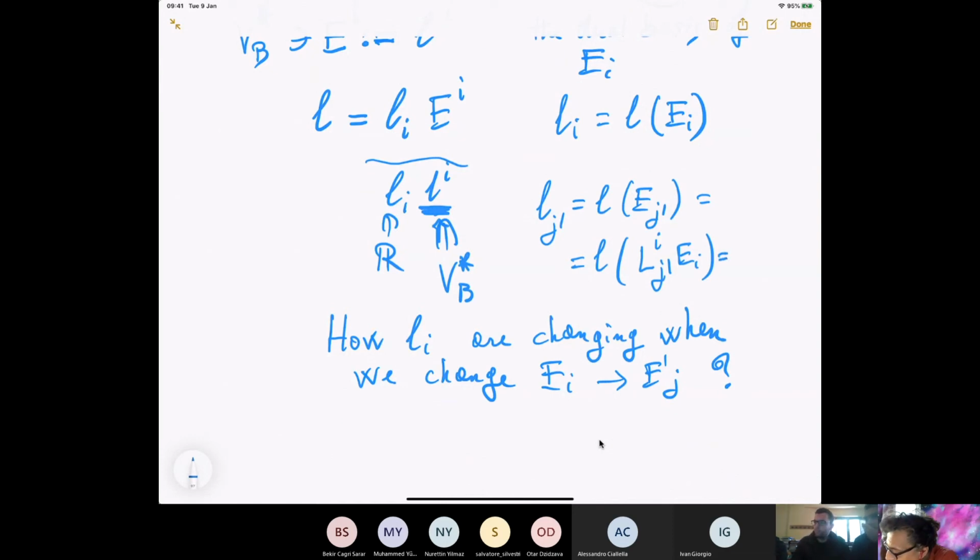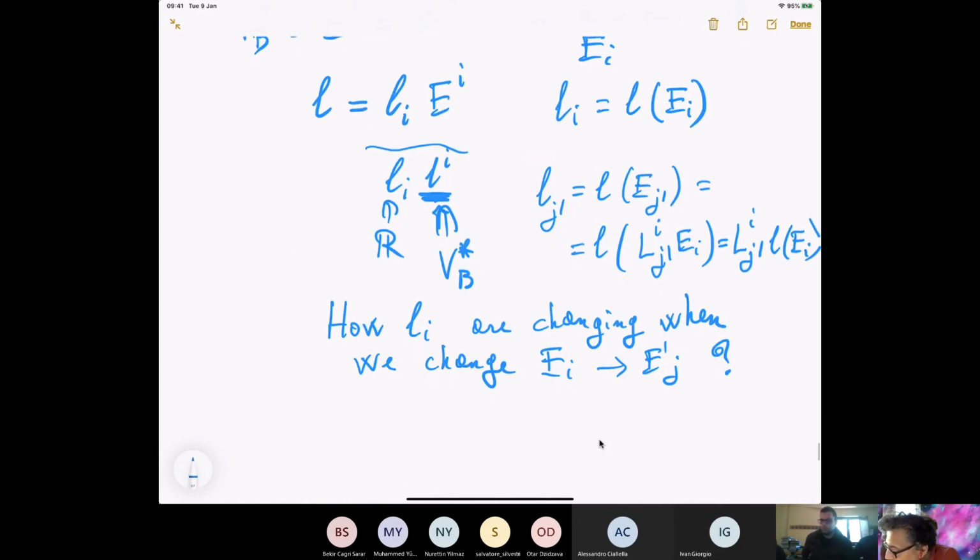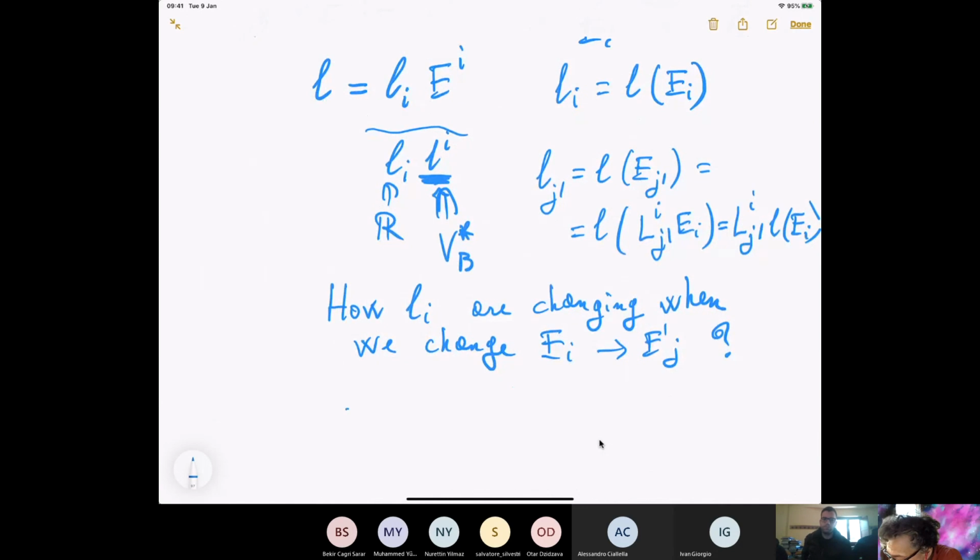And then, because of linearity, I have L_ij' L(e_i). This is linearity. So in conclusion, what I have is L_j' equal L_ij' L_i. Okay?